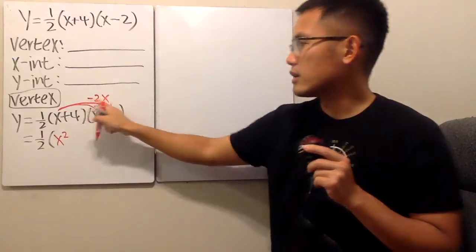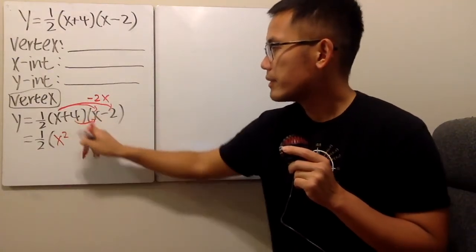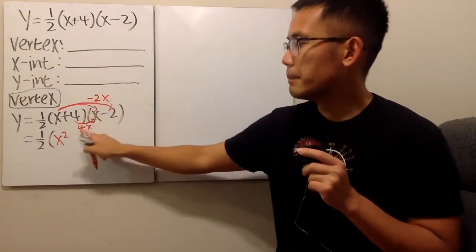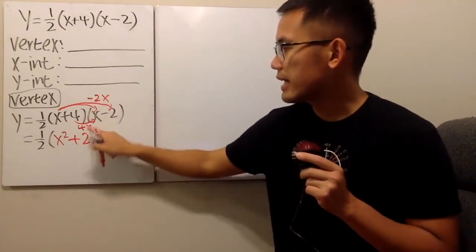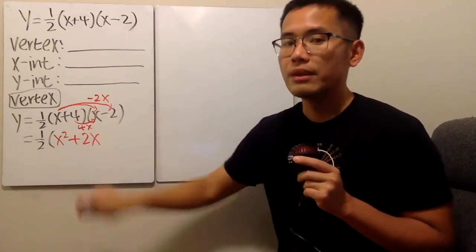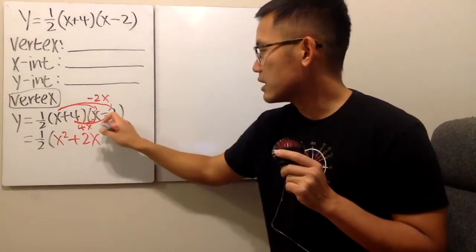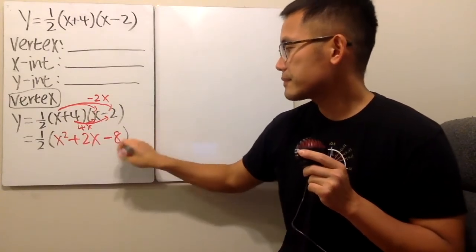Next we multiply this and that: 4 times x, we get 4x. Negative 2x plus 4x, we get positive 2x, right? I collected like terms already. Lastly, 4 times negative 2, we get negative 8, right?